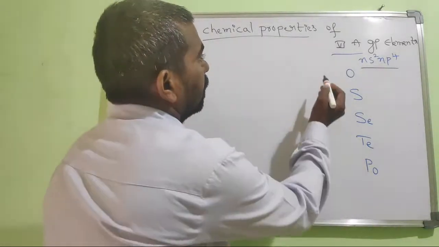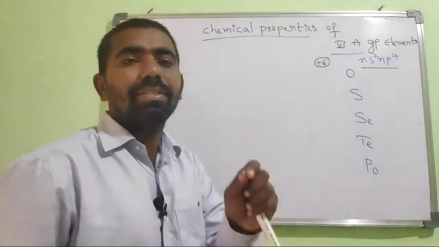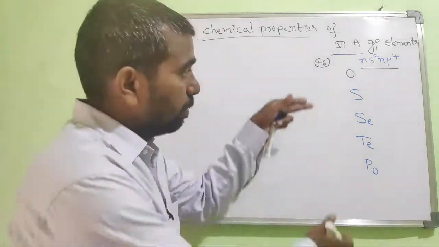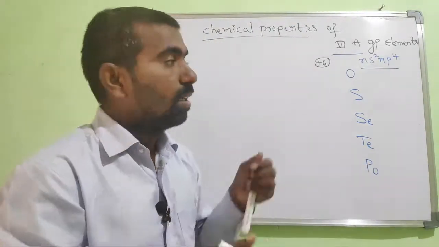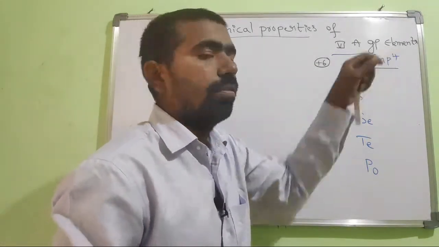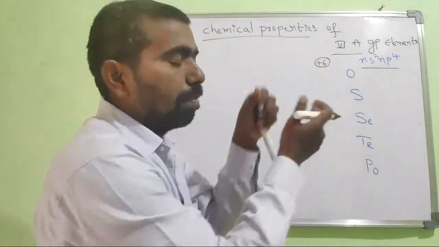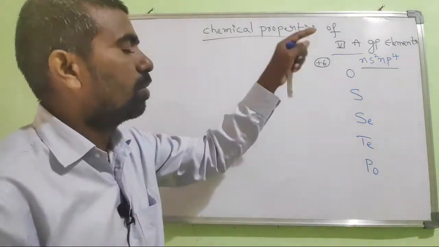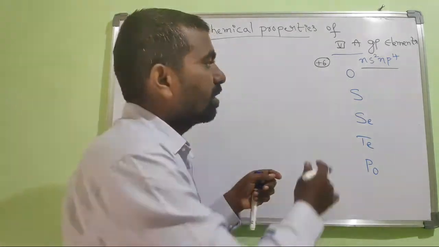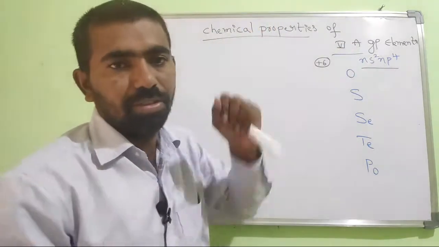So the common oxidation state, straightaway, is +6. This oxidation state equals the total number of valence electrons present in the VIA group elements. It means these elements can form a maximum of 6 bonds, other than oxygen.